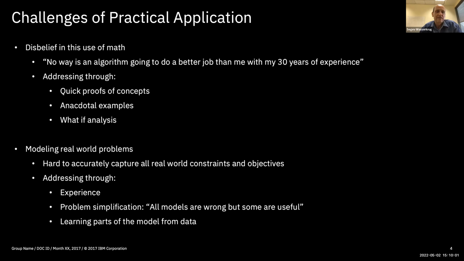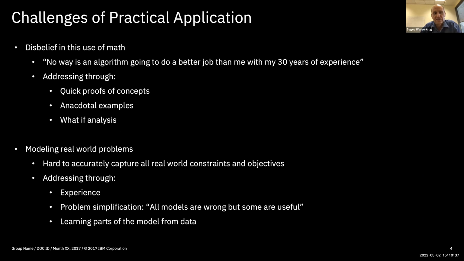The second challenge is, how do we model real-world problems? How do we actually take the complexities and intricacies of a real-world decision and model it in a way that captures at least the primary points? And I guess you all know the saying, all models are wrong, but some are useful. So there's more of an art here. How do we take the real-world problem and at least capture the relevant parts in the formulation?